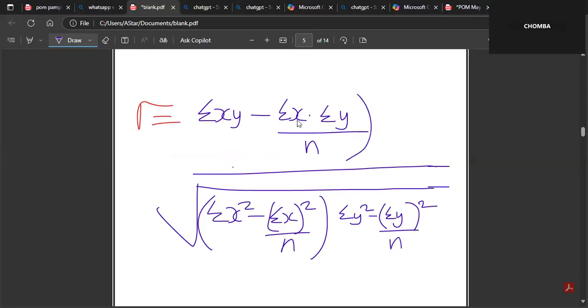So this is the formula for the correlation coefficient.